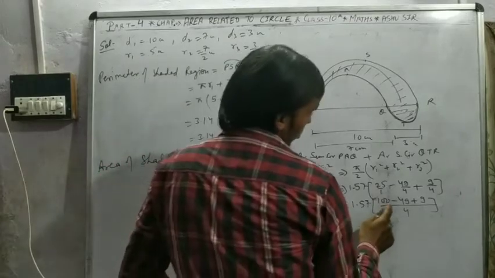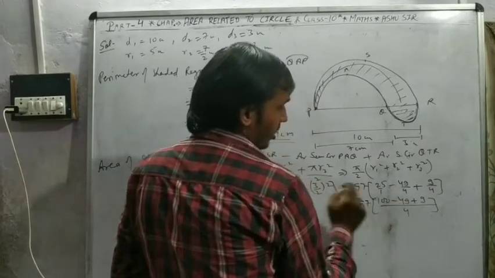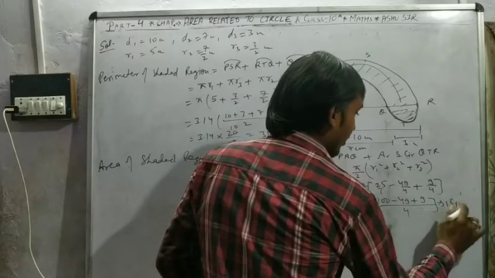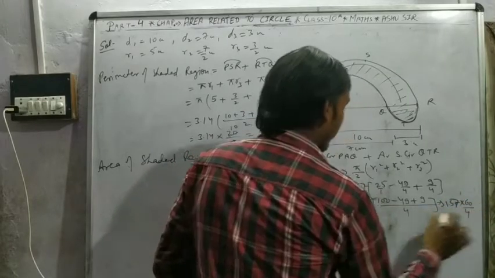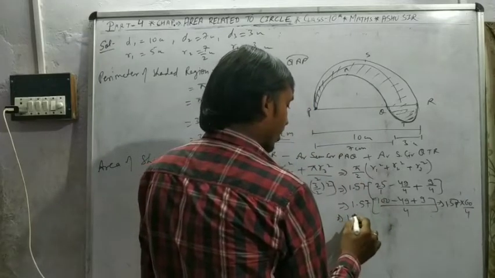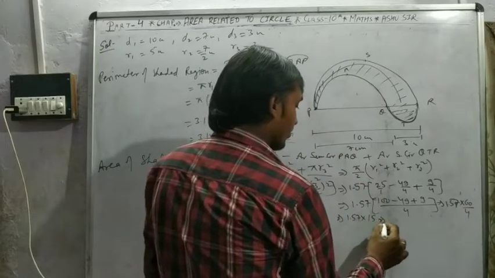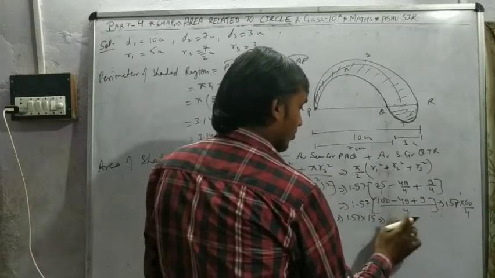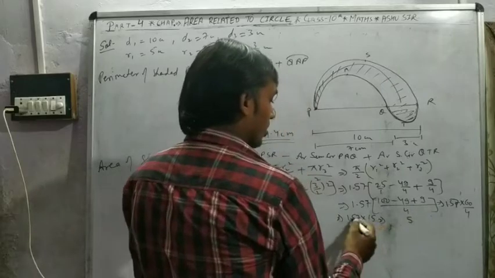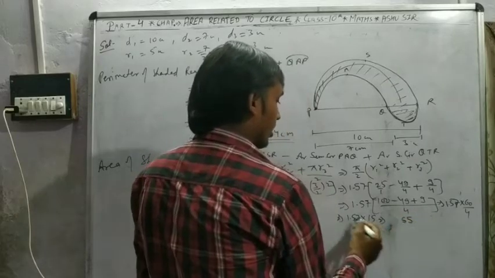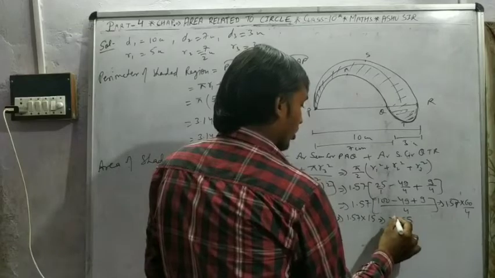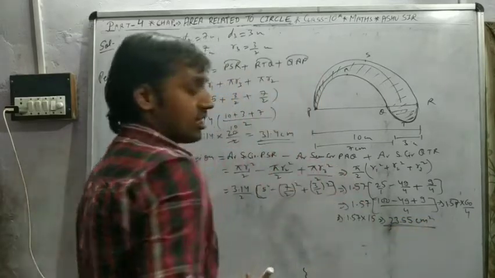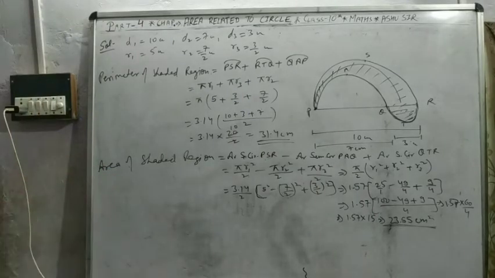So this is minus 40 and this 60, so 1.57 into 60 by 4, so you get 1.57 into 15. 15 sevens are 105, 10, 75, 85, 8, 23.55 centimeter square is the area of the shaded region.